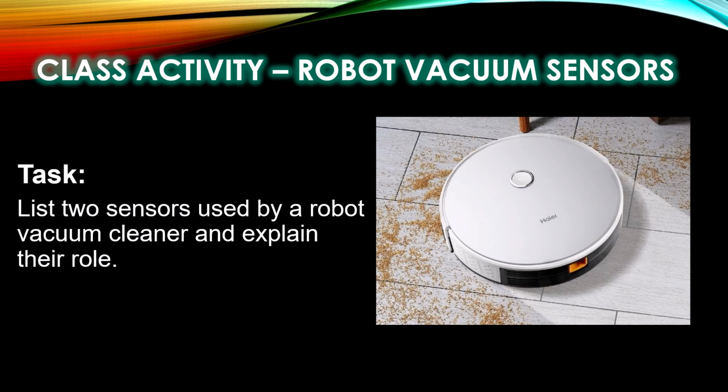For this activity, identify two sensors in a robot vacuum cleaner and describe how they help the robot function. Think about how they detect obstacles and dirt.